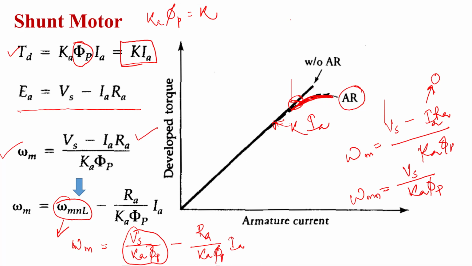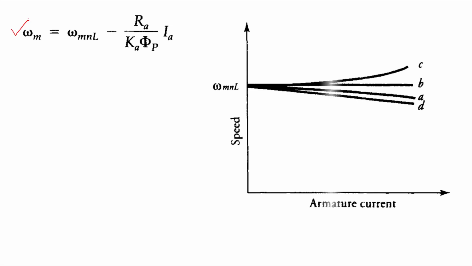Okay. So now we can see this is your speed. Now if I plot the speed versus armature current, how will it look, because we know this armature resistance is very small. So as this Ra is very small as compared to K and phi p, the drop will be very negligible here. So therefore the speed will remain almost constant as your current will increase.